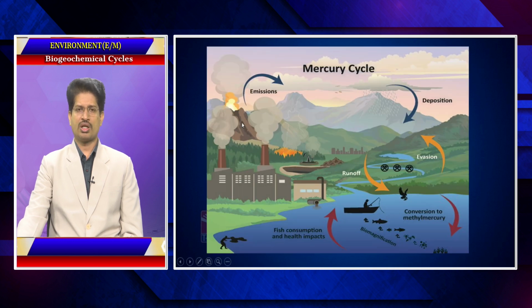So because of volcanic activity, and because of the weathering and erosion of rocks, mercury enters the environment, and when industrial effluents are released into water, the concentration of mercury increases. So in this process, when we eat aquatic organisms like fish, which are living in polluted water, might be an ocean or a river, the mercury slowly accumulates in living organisms, leading to biomagnification.